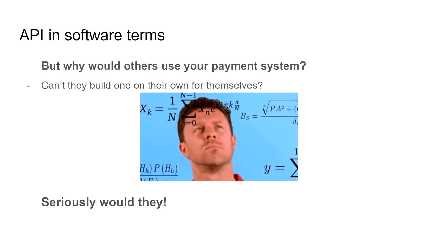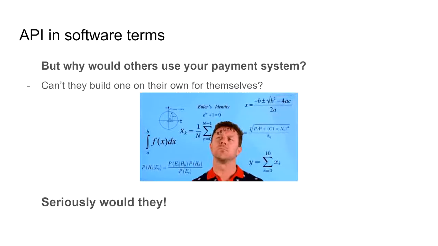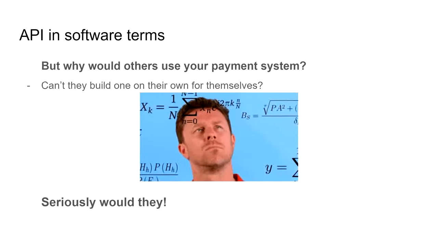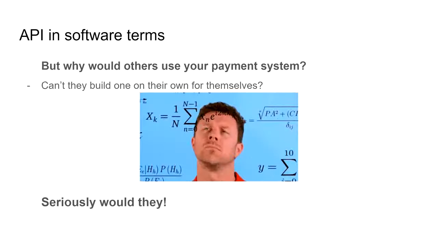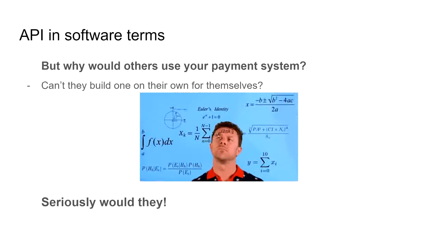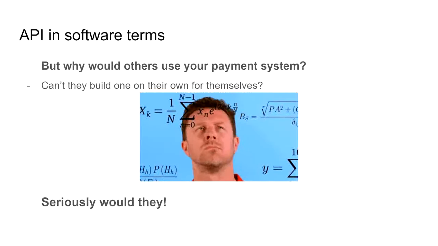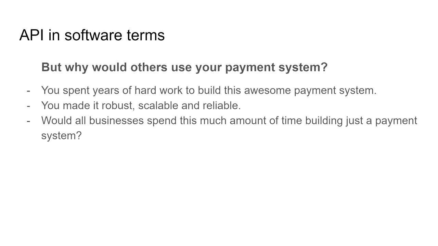So, but before jumping into understanding API in terms of software, in this current example, the question that you might have is, why would someone need a payment system that you built, right? Why can't they create a payment system on their own? Just think about it. The payment system that you built, you might have put a lot of effort into it, and you worked very hard to make it robust, scalable, reliable, and you know the in and out of how a payment system works, right?